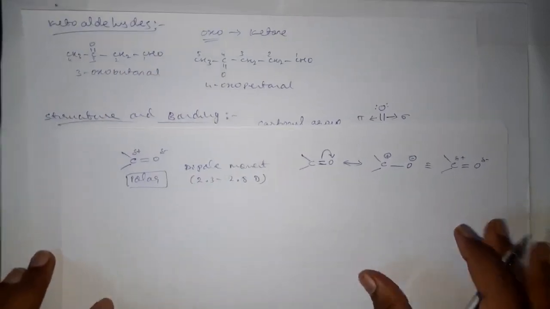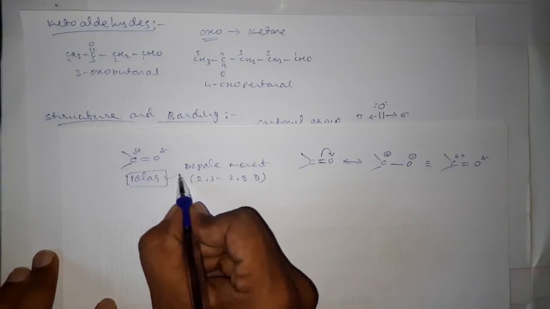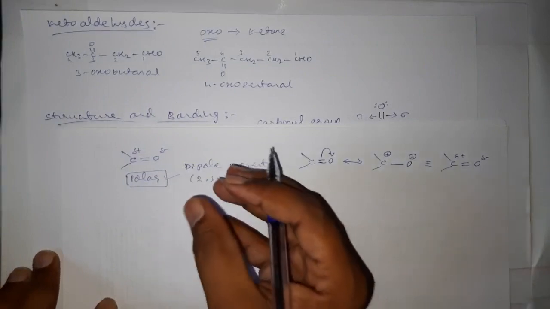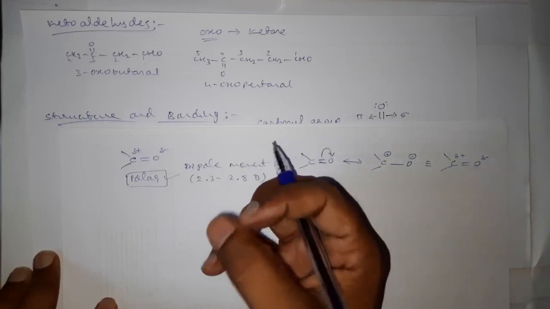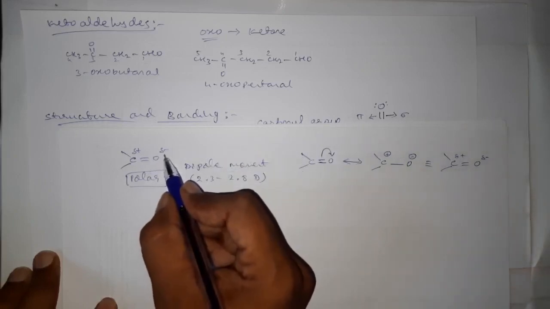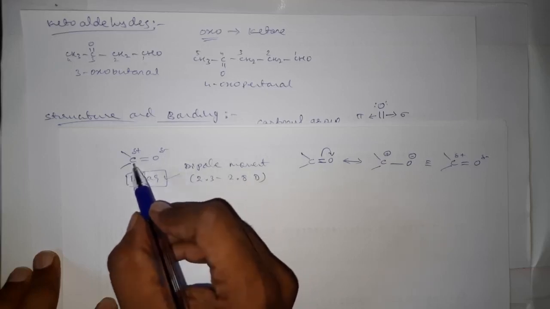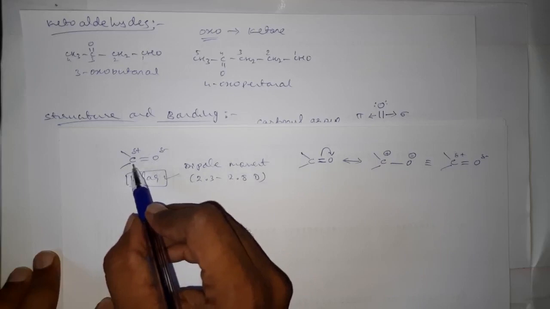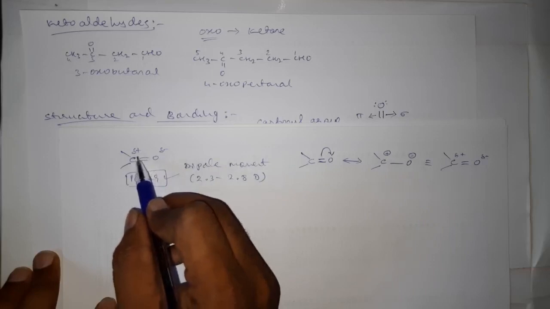Okay, the carbonyl group is a polar group. Why? Because the more electronegative oxygen will pull the electrons towards itself, and hence becomes electron rich and gets a partial negative charge, and the carbon, which has less electronegativity, becomes electron deficient by losing electrons, and hence it gets a partial positive charge.